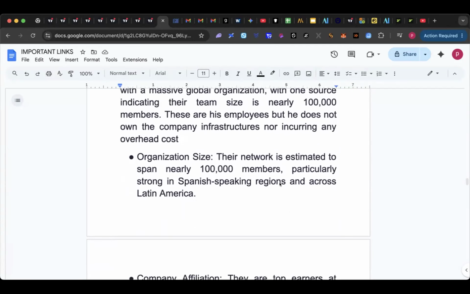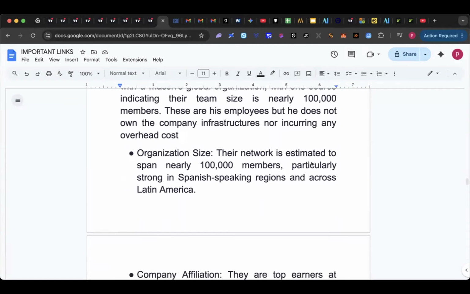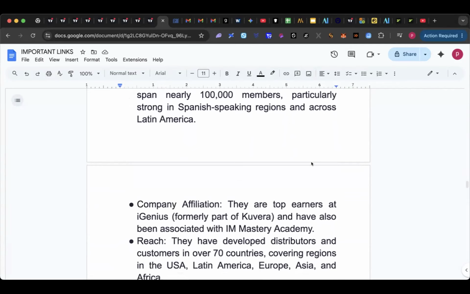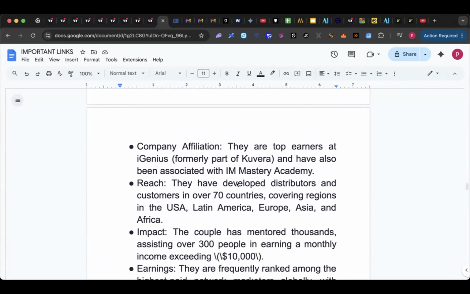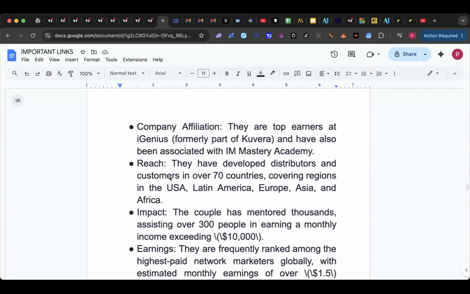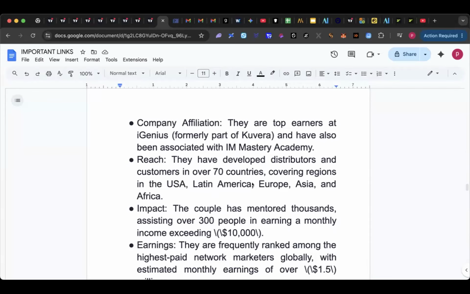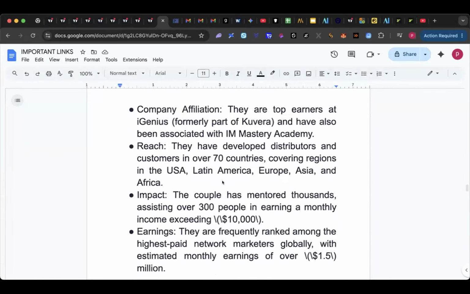His organization is estimated to be nearly 100,000, particularly in strong Spanish-speaking regions across Latin America, with different company affiliations: Igenus, formerly Cuvera, also associated with iMarket Live. They have developed distributors and customers in over 70 countries, covering regions in the USA, Latin America, Europe, Asia, and the like.